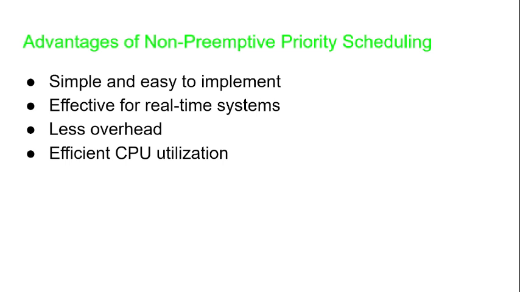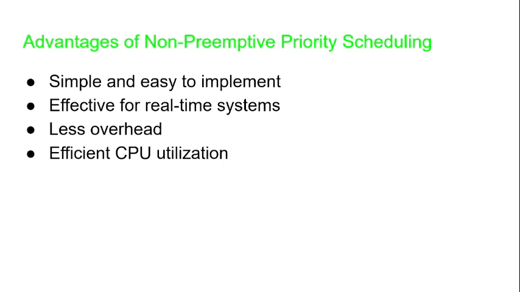It is effective for real-time systems. Important tasks can be assigned higher priority, which ensures that they run first. There is less overhead, since there is no preemption and no need for frequent context switching.